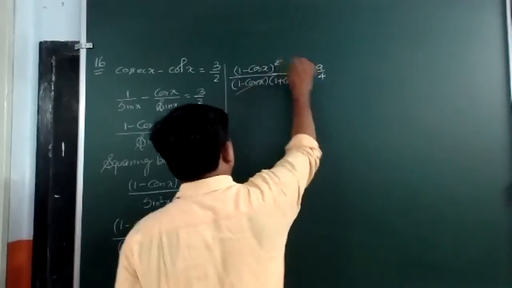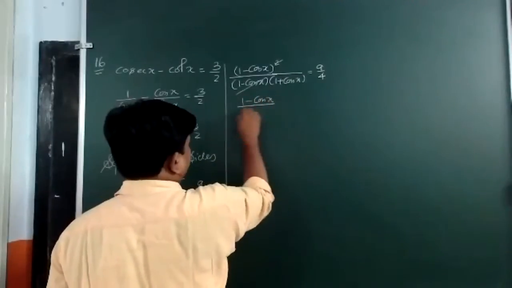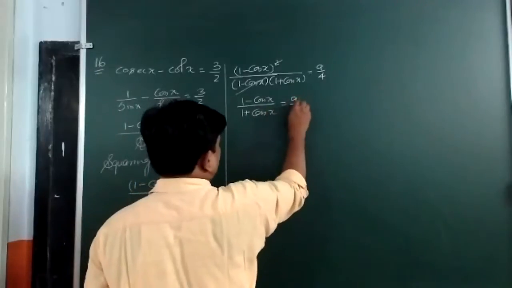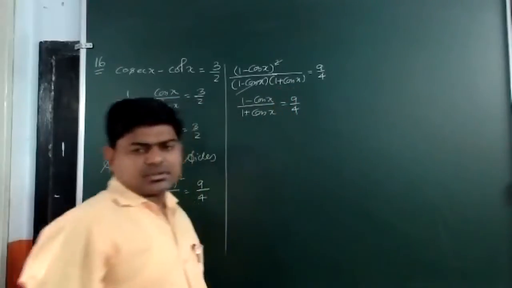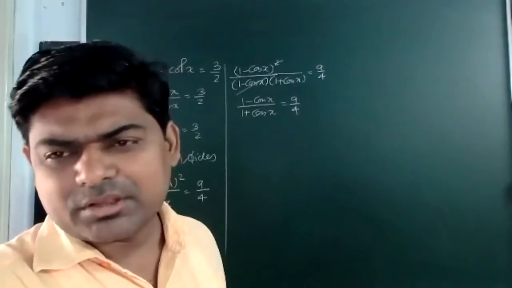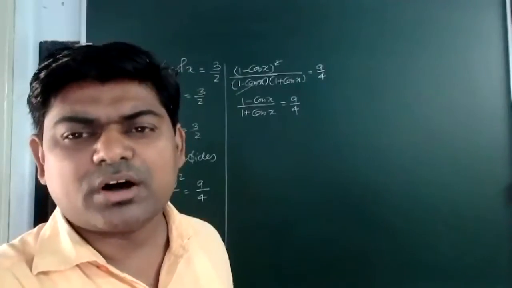You can eliminate, and now you can see we are having (1 minus cos x) upon (1 plus cos x) that is equal to 9 upon 4. Now tell me, after simplifying, can we get the value of cos x?